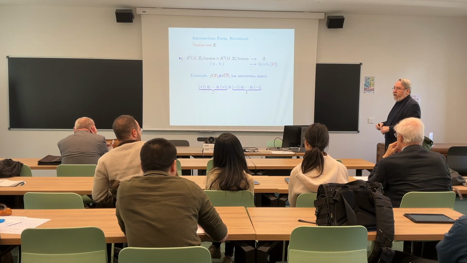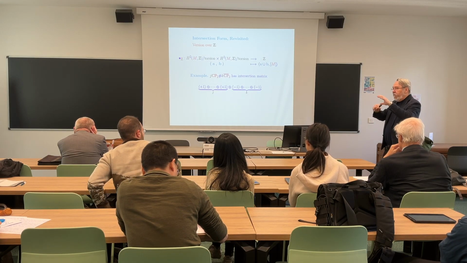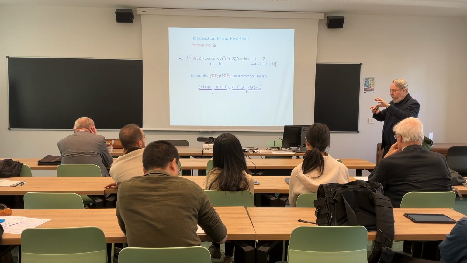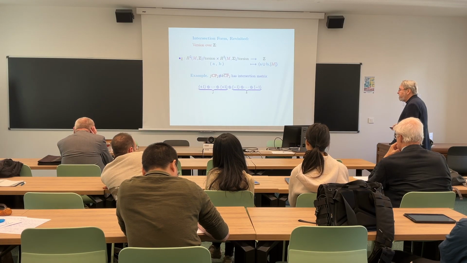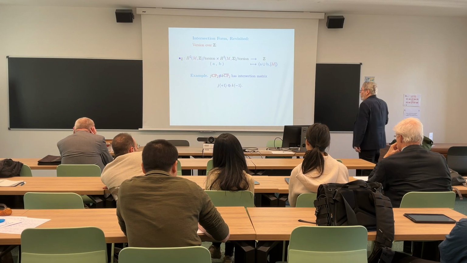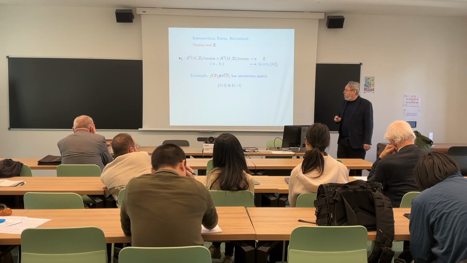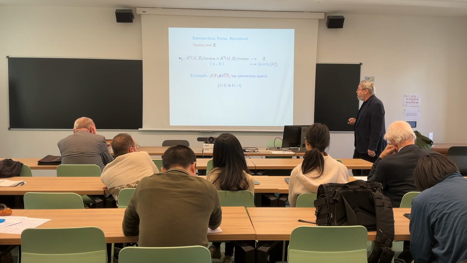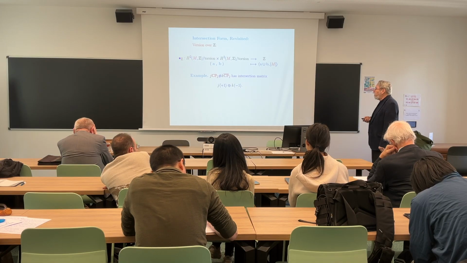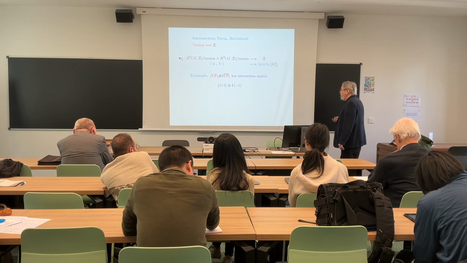A direct sum means taking these as blocks to build a bigger matrix. So the intersection form of J CP2 connected sum K CP2 bars is J times ⟨+1⟩ plus K times ⟨-1⟩.